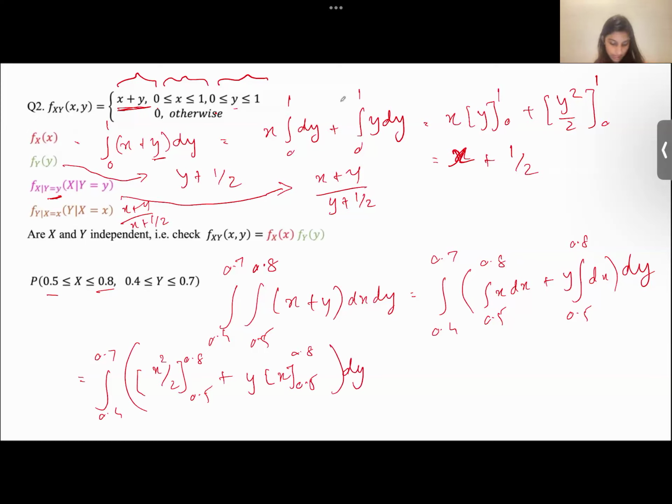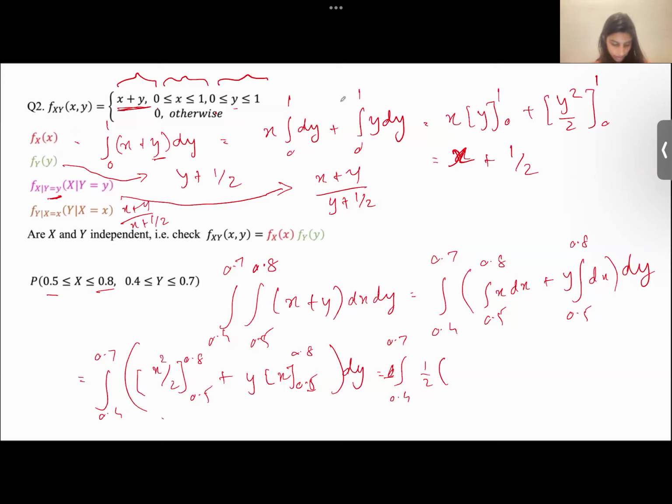Yeah, if you just substitute these answers, you should get the values. 1 by 2 into, what is 0.8 square minus 0.5 square? 0.39.